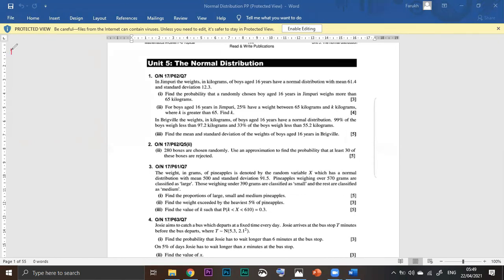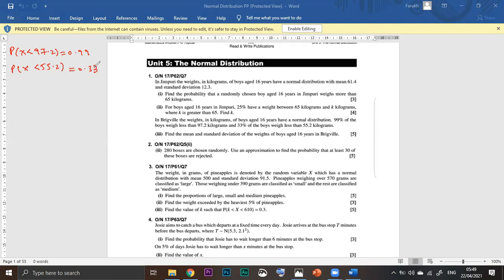Probability that x is less than 97.2 is equal to 0.99, and 33% of the boys weigh less than 55.2. Probability of x less than 55.2 is equal to 0.33.